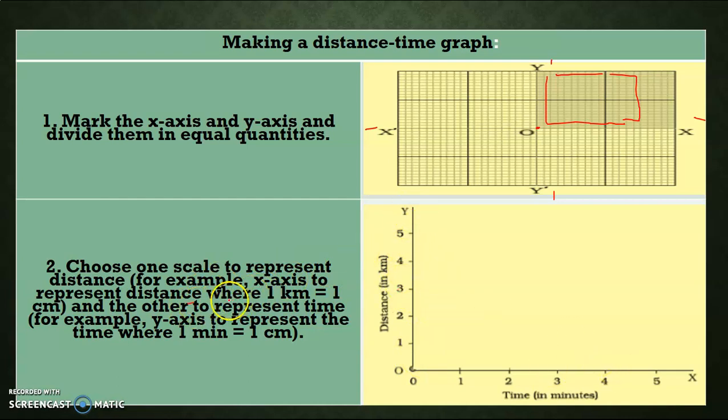Now we will choose a scale. For example, for representing 1 kilometer, we will use 1 centimeter.